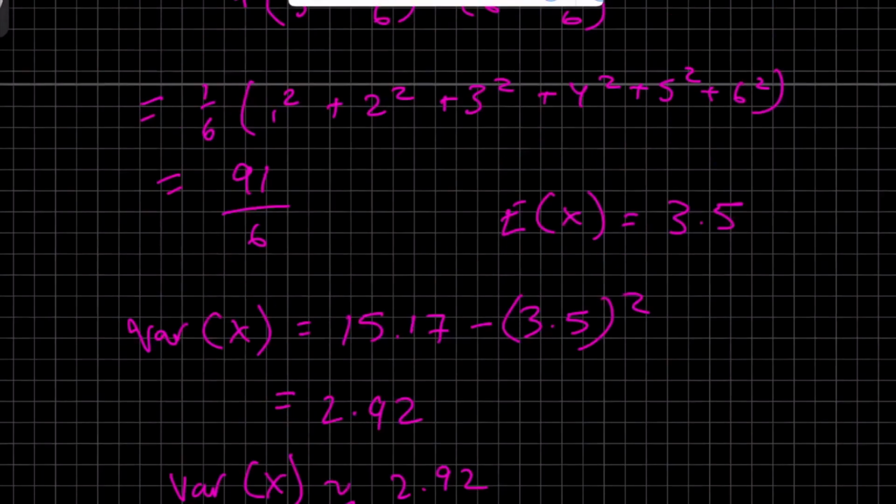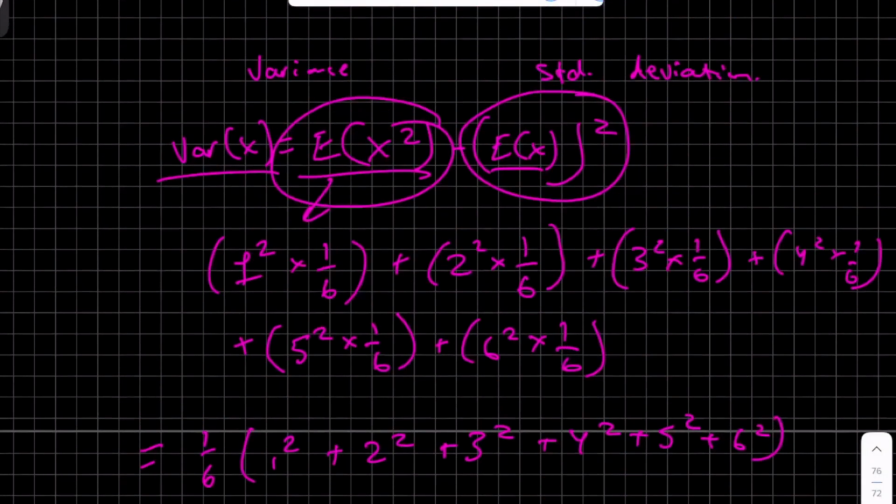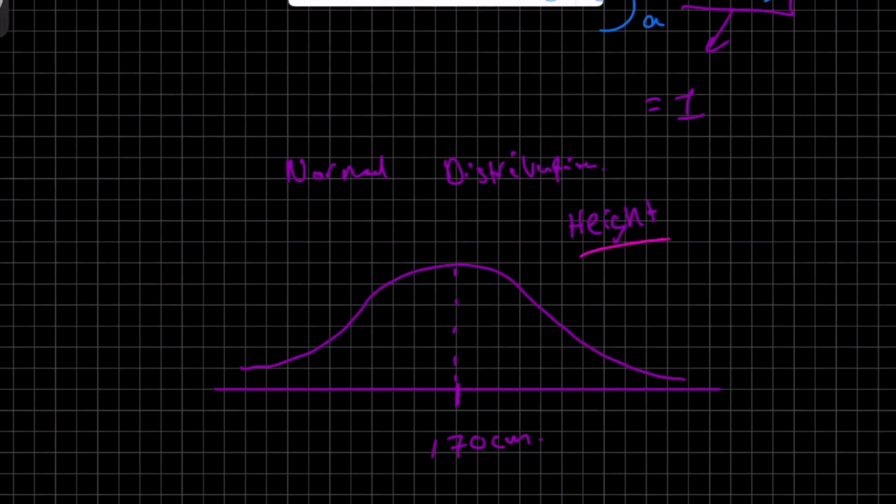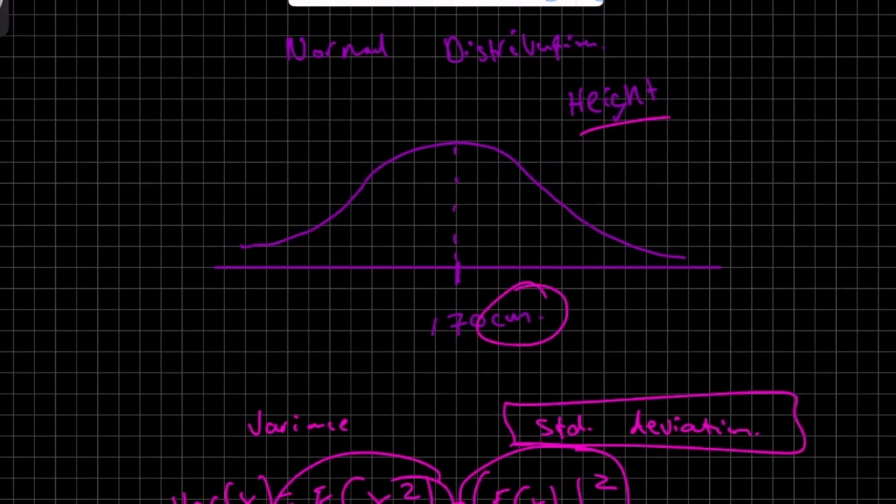Now, the reason that we normally use standard deviation rather than variance is because the units of standard deviation are in the same units as our original function. So for example, if we look at this height graph, if we determine the variance, the units of variance would not be centimeters. So to find a measure of spread which is in the same units as height, so which is also in centimeters, we use our standard deviation.